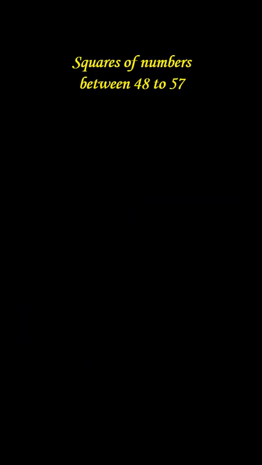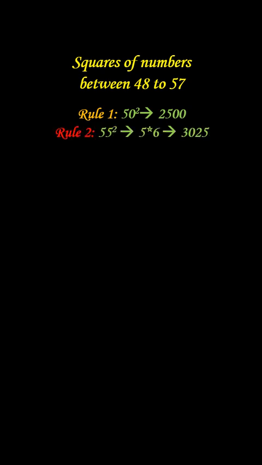Let us see if that works for the numbers between 48 and 57. Rule number 1, 50 squared. 5 squared is 25. Double the zeros, 00, 2500. Rule number 2, 55 squared. So 5 times 6 is 30. Write 25 after that, 3025.